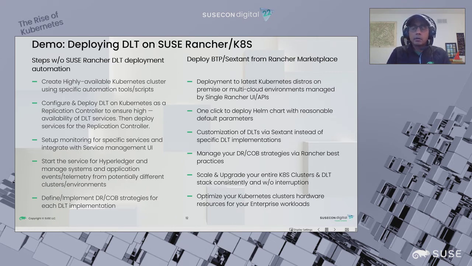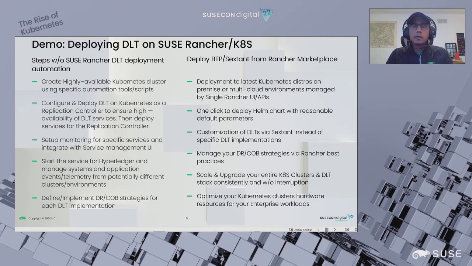And here's how, with the partnership with BTP, we have simplified a lot of this and created an environment where you can do all this at a very sophisticated enterprise level. Now you can focus on creating your smart contracts, leveraging your blockchain to create applications that will benefit your customers.